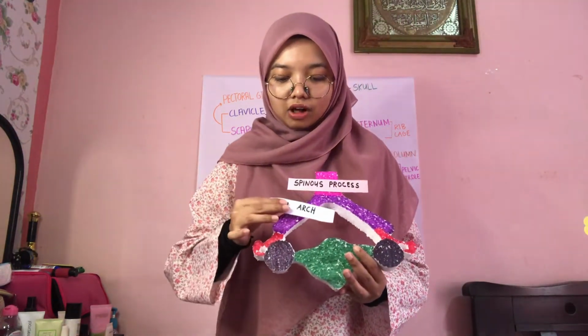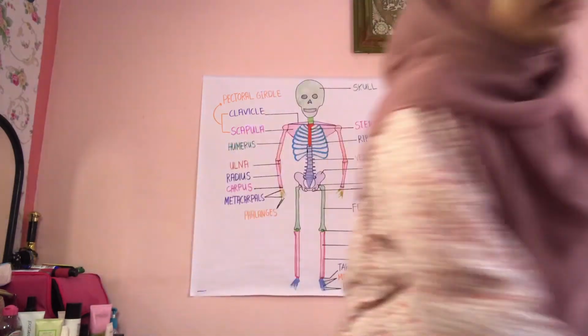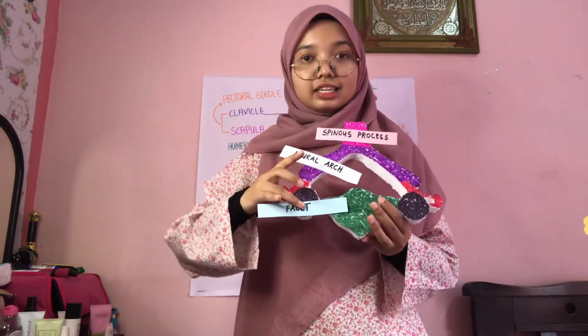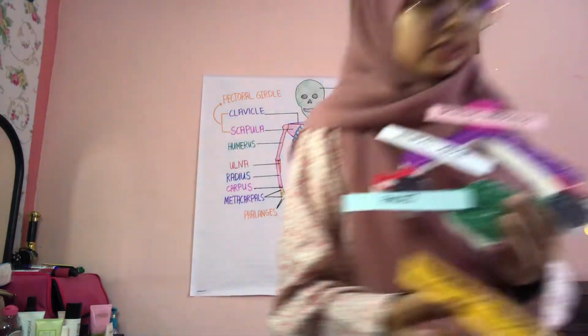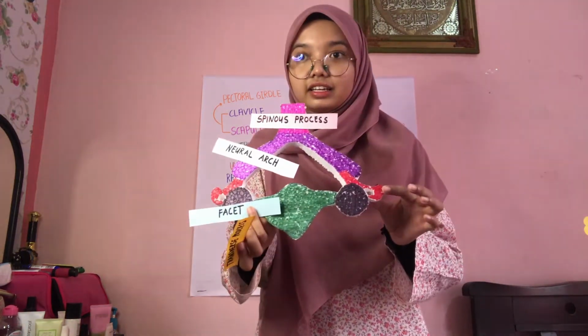And here, the purple one is called the neural arch. And the black one is called the facet. The facet is a surface for a muscle to attach. And here is the transverse process. Can you guys see the red color? Yes.